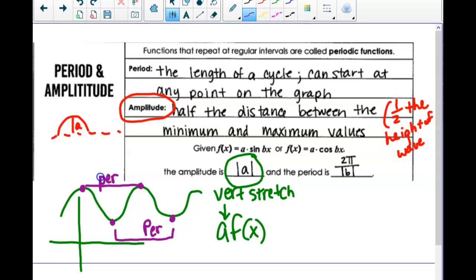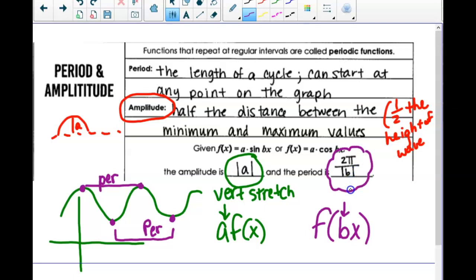Now, the relationship between the function and the period is really weird, but we know this. Do you remember this? Remember that reciprocal relationship? If we put a 2 in here, it actually compressed it. So the same is happening now. When you see cosine of bx, you have to take the normal period of 2 pi and divide it by b.